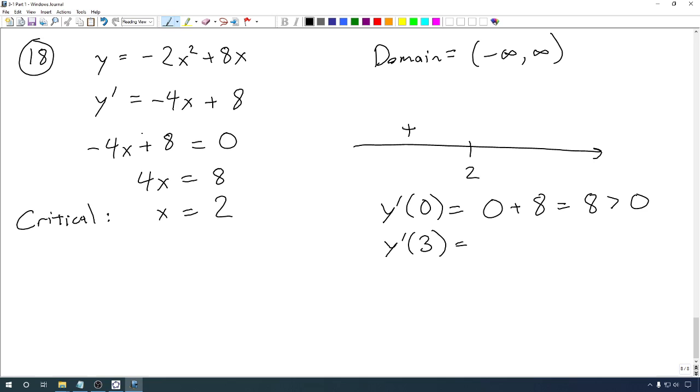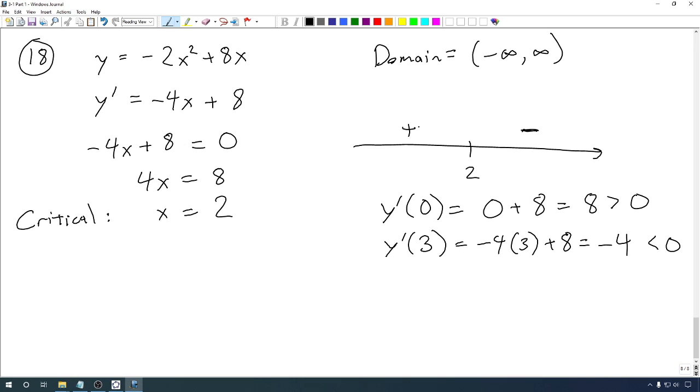Of course, then we're taking negative 4 times 3 plus 8. Negative 4 times 3 is a negative 12. Negative 12 plus 8 is a negative 4. Negative 4 is definitely a negative number. So over here, we have a negative derivative.